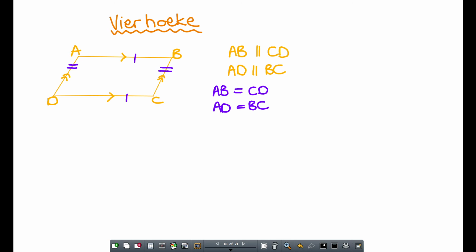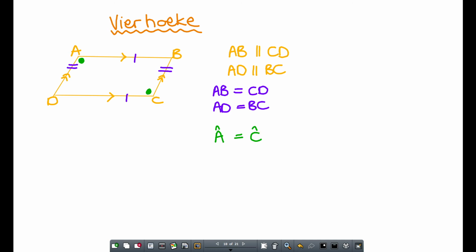Any questions there? Okay. Then at B it says opposite angles equal. Now, opposite angles means that this little angle here, angle A, what angle would be opposite angle A? It would be angle C. So I can say angle A is equal to angle C, because opposite angles are equal.